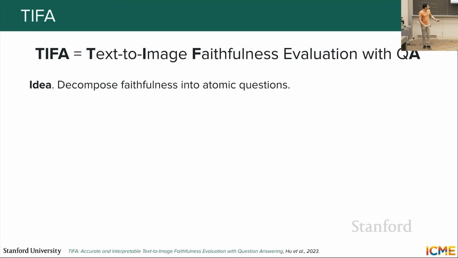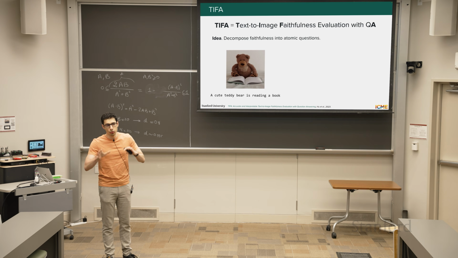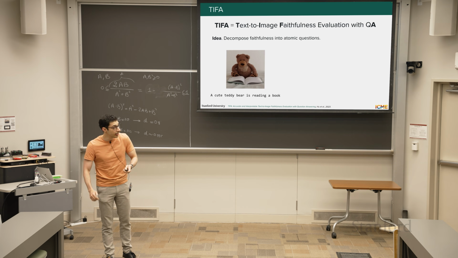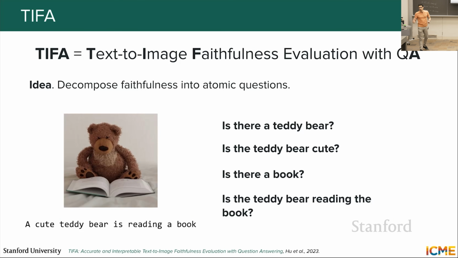And this is something that you could do by decomposing what you care about into atomic properties. This is what the TIFA paper does, so text-to-image faithfulness evaluation, where they use few-shot learning to show examples of what interesting decompositions of what you care about in an image might look like. And they apply it to a given prompt to generate a set of questions.